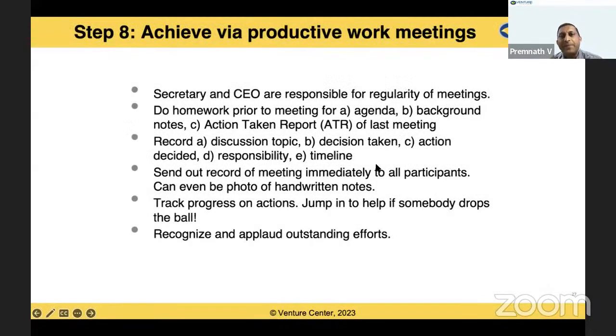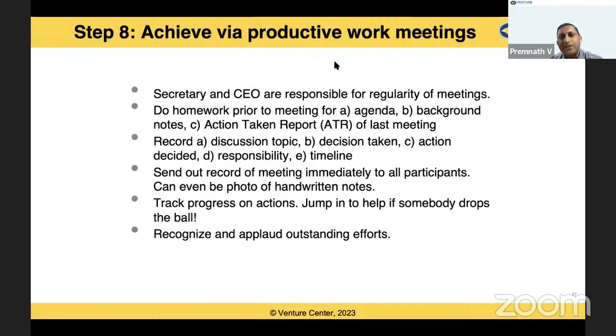And finally, step 8, right? So here, as an organization, you need to have useful, productive work meetings and get the job done, right? And this is where we see the leadership qualities of the CEO, the secretary coming into play.